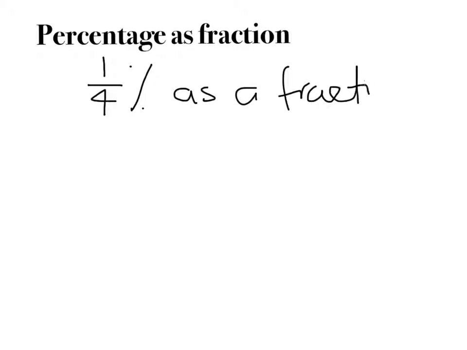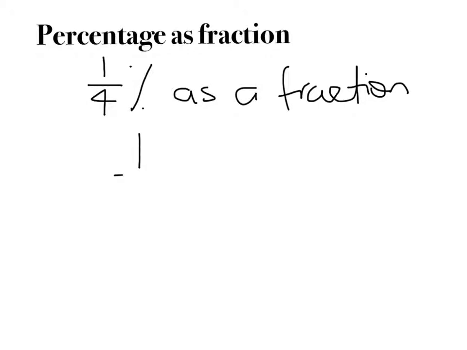Now I'm going to throw you a tricky one, and for some of you, you might want to write this down as an example. Sometimes we get percentages and they already have fractions in them, like 1/4%. Usually when we're dealing with financial maths, you talk about share prices going up 1/4%. If you got asked to write 1/4% as a fraction, that's tricky because the percentage is already a fraction.